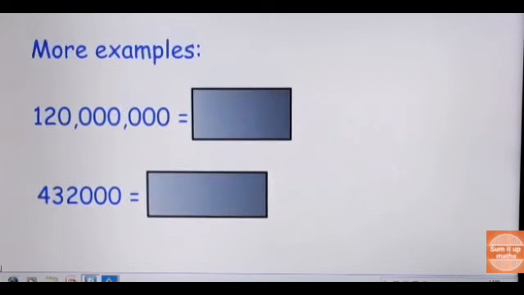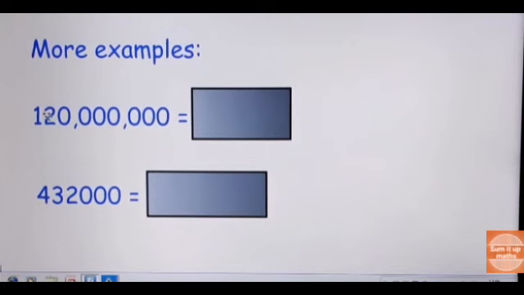So let's have a couple of examples. Here we have 120 million. Okay, so where would I put the decimal in the standard form? I would put it here. 1.2 is a number between 1 and 10. Okay, so having done that, I then need to see how many times the decimal would have to move to get back to where it originally was.